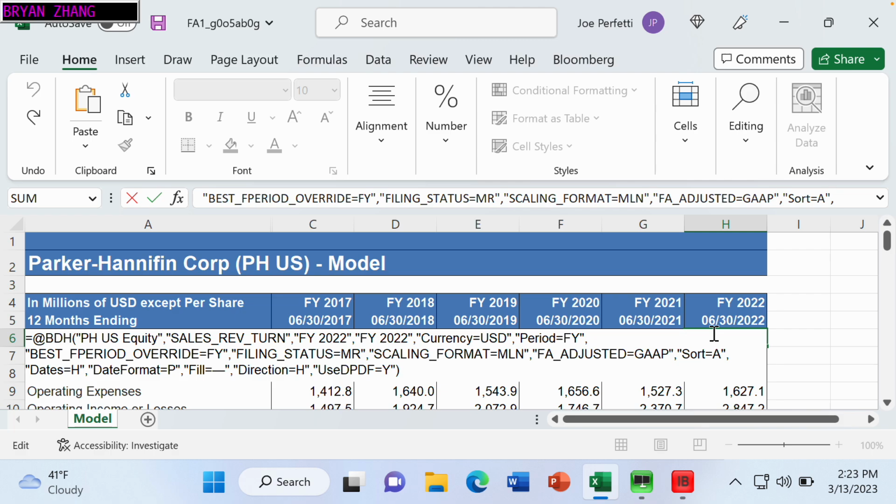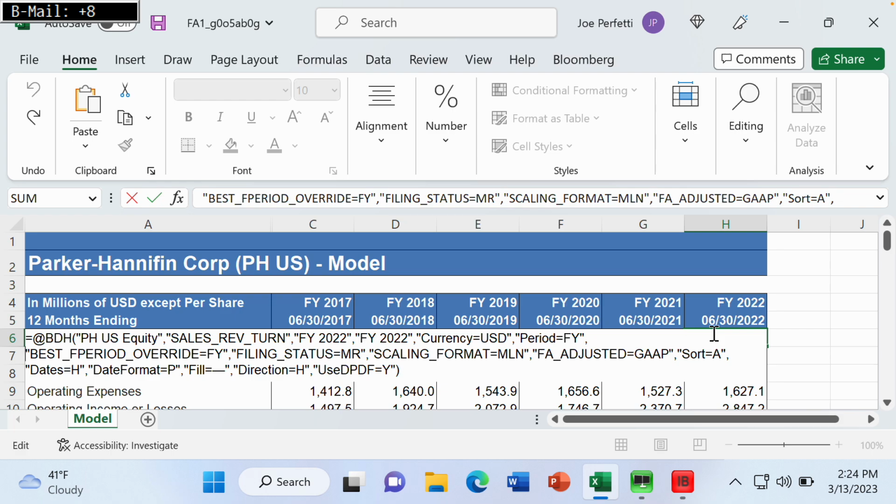Because what Bloomberg does when it exports things is link back to Bloomberg, so every time you open up the Excel file, it pulls the data from Bloomberg in real time. And that's going to be a problem because when you leave this lab, you don't have a Bloomberg terminal on your laptop, which means every time you open up an Excel file in this class, it's going to die. And we don't grade broken files.